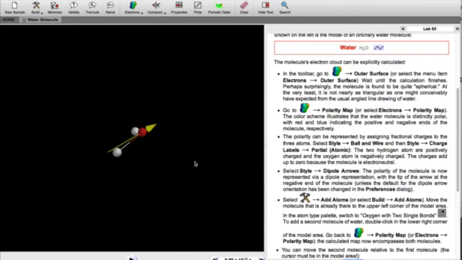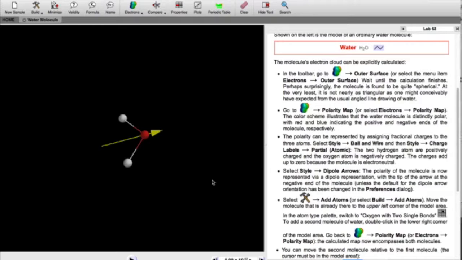Dipole arrows are specifically valuable when we're looking at large collections of atoms and large collections of molecules, because in those cases, when we have a molecule with many atoms in it, doing the quantum mechanical visualization is very complicated and very computationally time-consuming, whereas the dipole arrow gives us the snapshot of that picture very quickly.